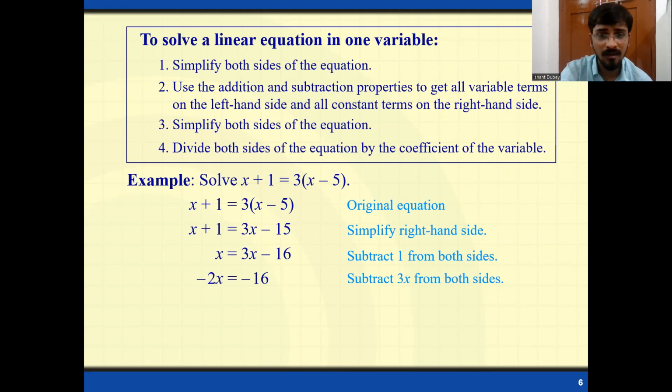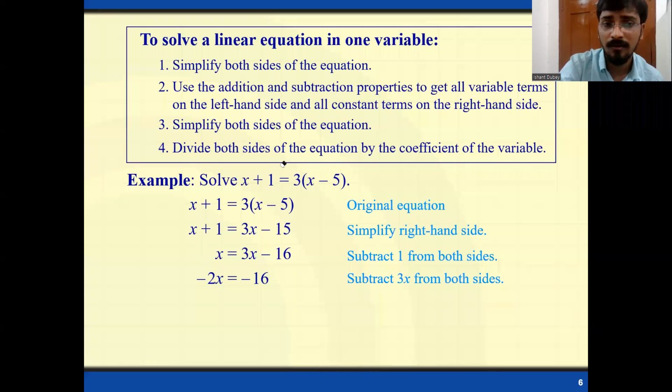Now finally, we have to take the variable to one side and the constant to the other side. So we can subtract 3x, because the 3x on the right-hand side we have to make 0. So we add minus 3x on the right-hand side and minus 3x on the left-hand side. So x minus 3x gives minus 2x, which is what is written here, minus 2x. And on the right-hand side we have minus 16.